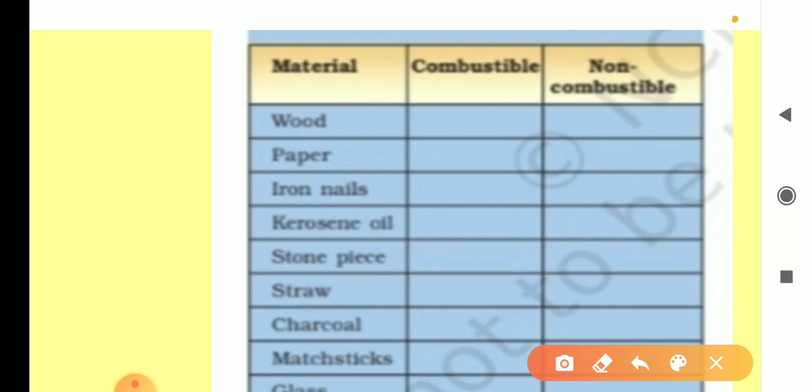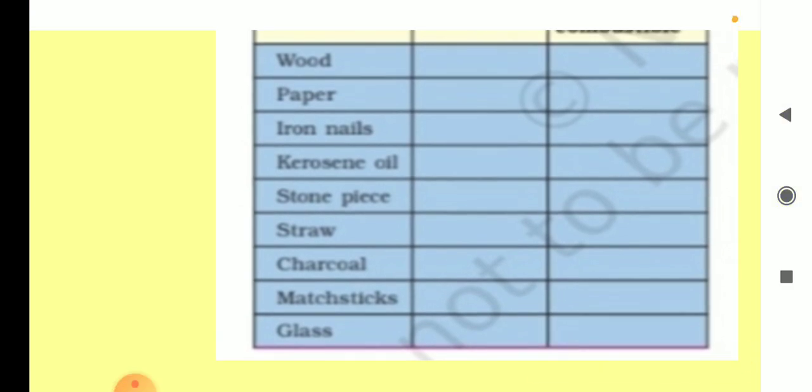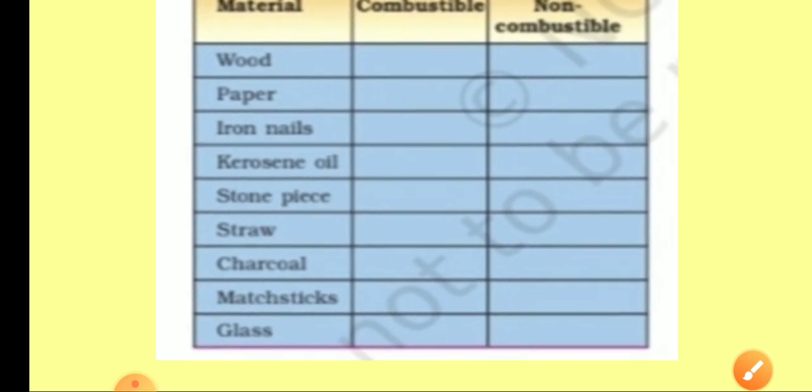Wood is a combustible substance. Paper, combustible. Iron nail, non-combustible. Kerosene, combustible. Stone piece, obviously non-combustible. Straw, combustible. Charcoal, combustible. Matchstick, combustible. And the last one is glass. Glass is non-combustible, right? Then you will make this table in your notebook also, and you have to fill the table.